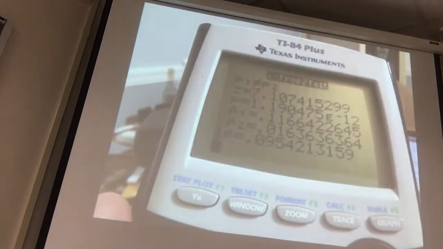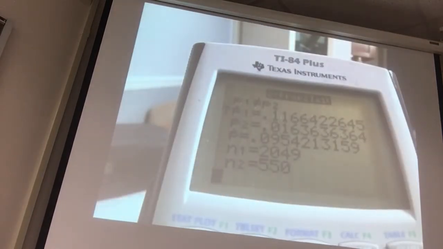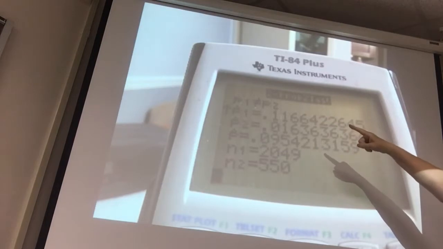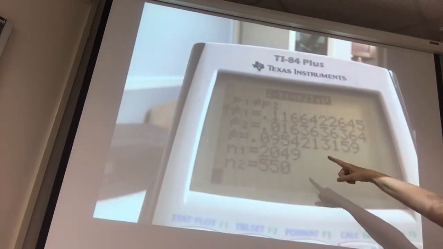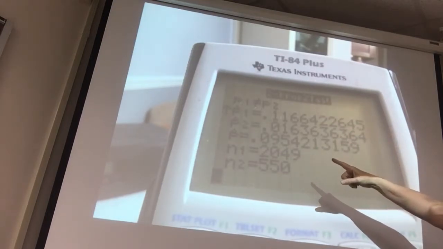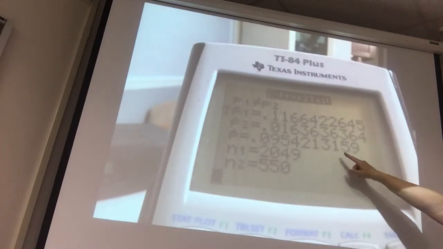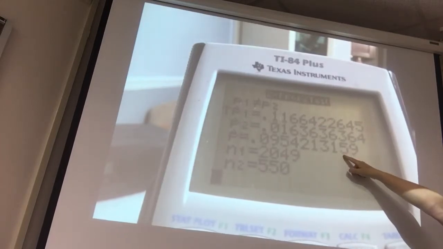Okay, so then notice you have a little arrow that's telling you to press down to see the rest of your information. So go ahead and press down on your calculator, and you see this screen, which gives you P1, P2, and P hat. Okay, now that P hat is your p-value.